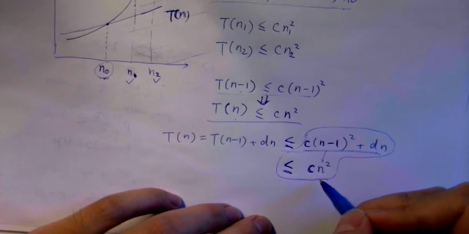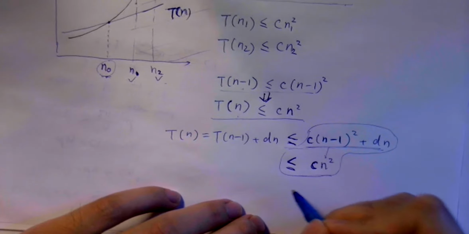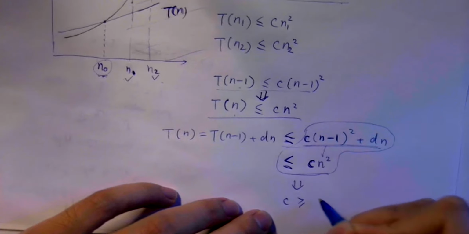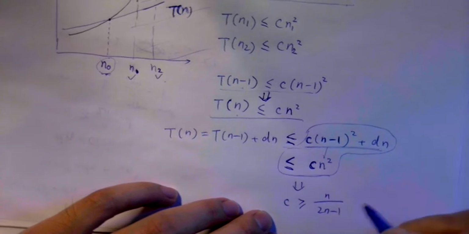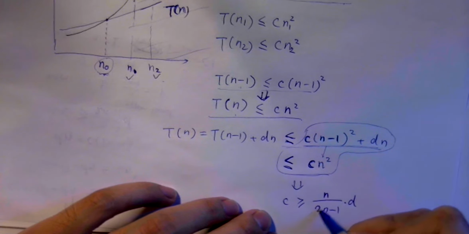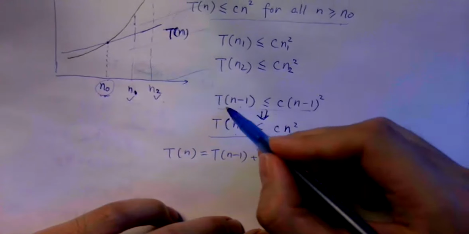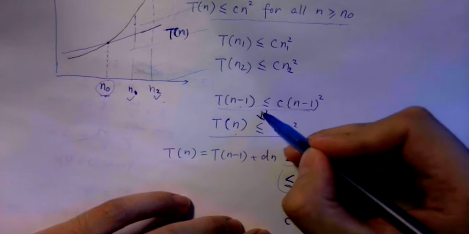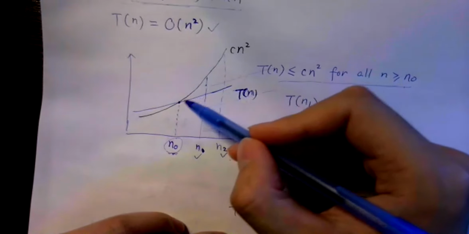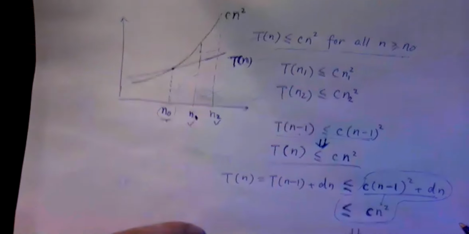So we solve these inequalities, and eventually we get that C should be greater than n over 2n minus 1 times d, where d is the constant. As long as C satisfies this, we can infer from the smaller case to the larger case, and that means the upper bound is true for everything to the right of n0. And of course, we need to find n0.